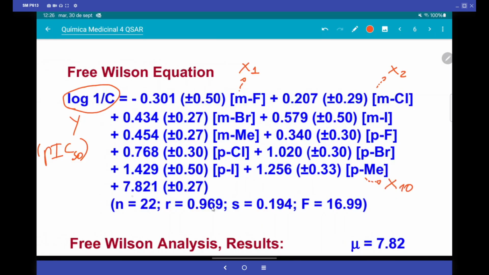Finally we have the intercept, 7.82. Remember that this is a multilinear regression equation. Based on this quite long equation, which is the worst substitute and in what position?